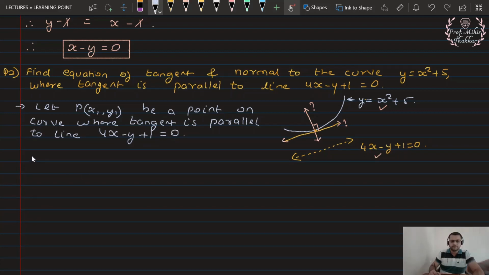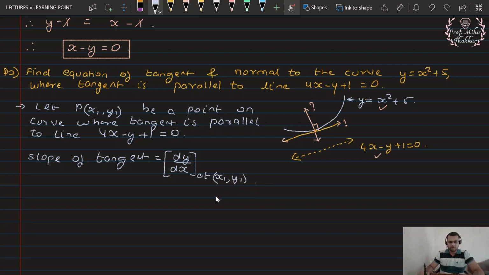Now slope of tangent is equal to dy by dx at (x1, y1), as we all know.